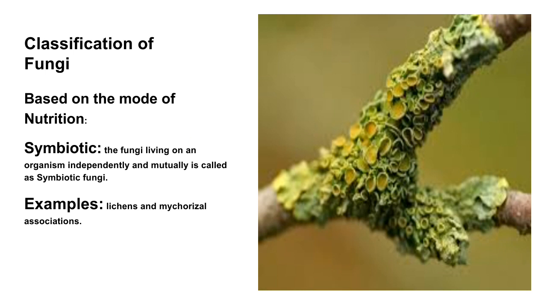In lichen, algae and fungi live together and are mutually beneficial to each other, and in mycorrhiza, the roots of higher plants and fungi live together and are mutually beneficial to each other.